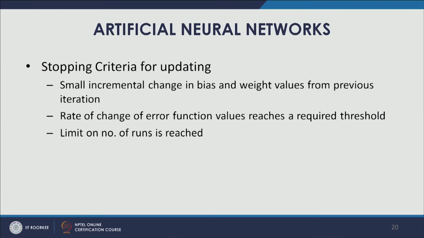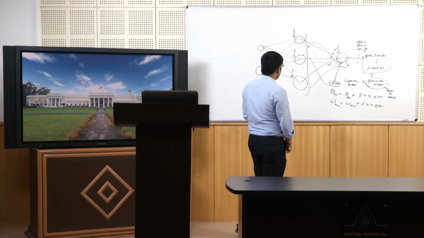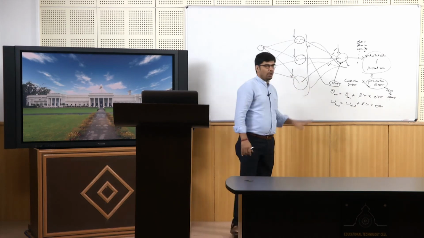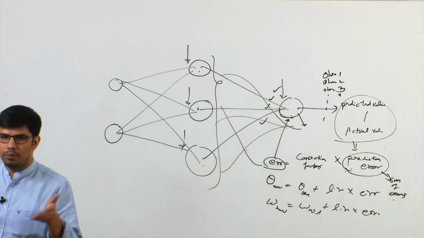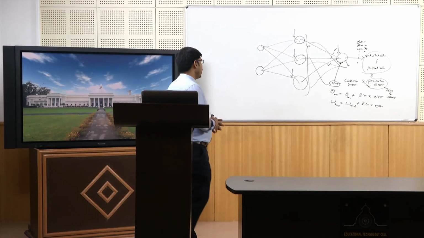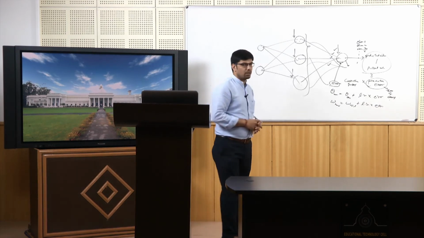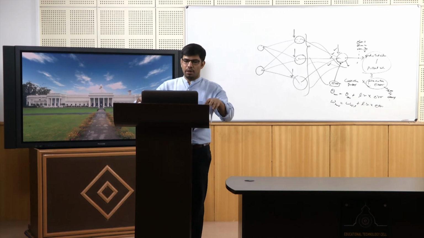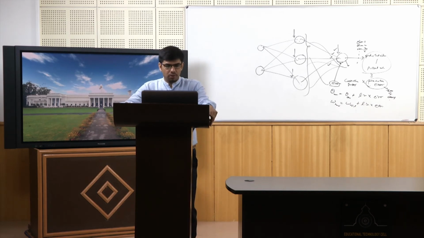We talked about that to train the network to learn from the data, we will have to execute many epochs. We will have to perform many sweeps through the data. So when do we stop? What are some of the key stopping criteria for this learning process? A few points are discussed here.